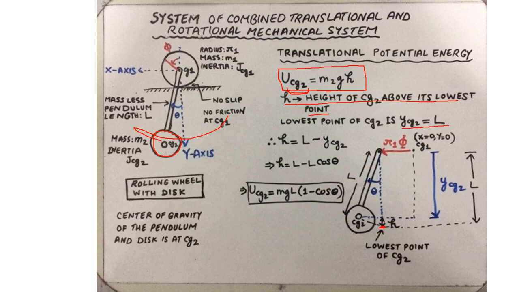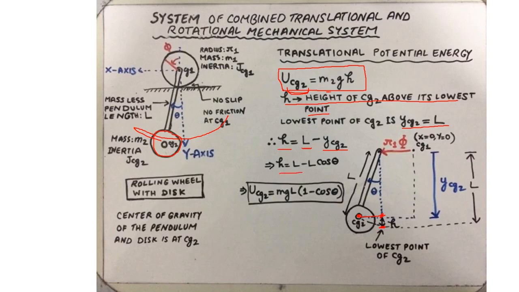And the height is going to be L minus the current y position of CG2. So essentially we are saying that if this is the current position of CG2, then its y coordinate subtracted from L gives us the height of the pendulum disk.